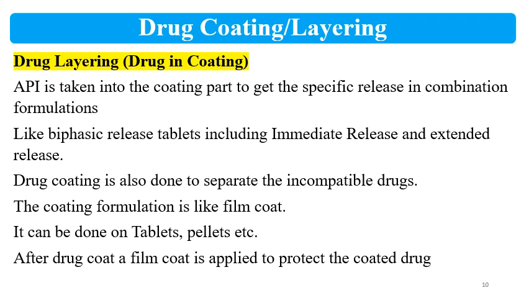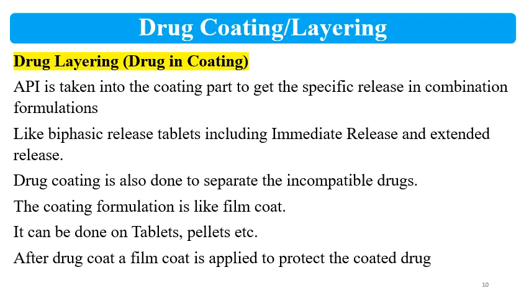Drug coating is also done to separate incompatible drugs. So if a combination formulation is there and two drugs are to be used in the same formulation, then a drug can be kept into the coating part to separate the two incompatible drugs.